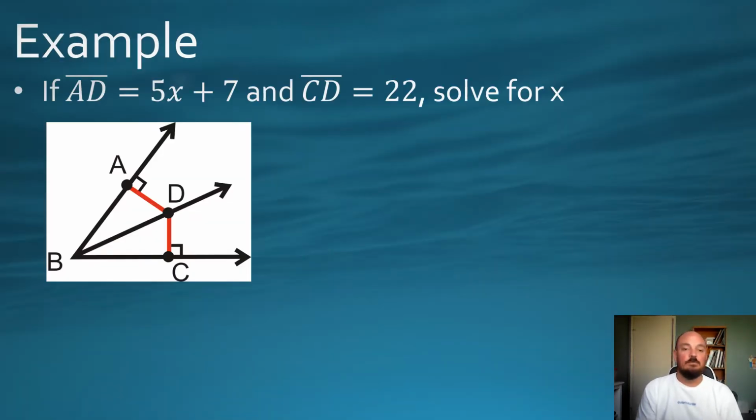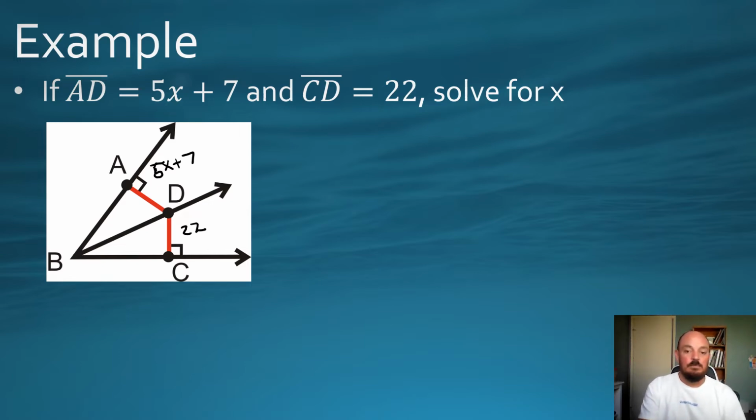So let's do an example. I'm going to use the same picture, and I'm going to say for this problem that line segment AD here is 5x plus 7, and line segment CD is 22.